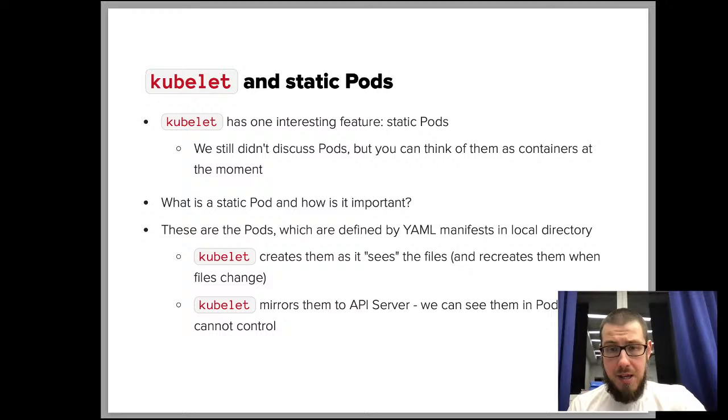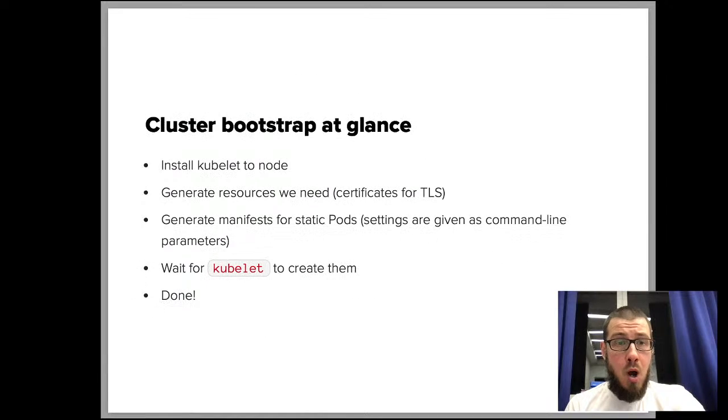It's a very interesting thing because the static pods are actually the main important building part of Kubernetes, because bootstrapping a cluster is about running some static pods with etcd and API server. But we'll talk about these in detail. So, how can we think about the cluster bootstrap at a glance?